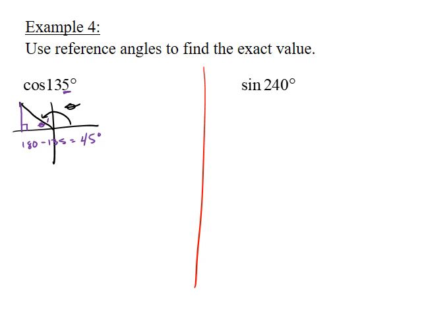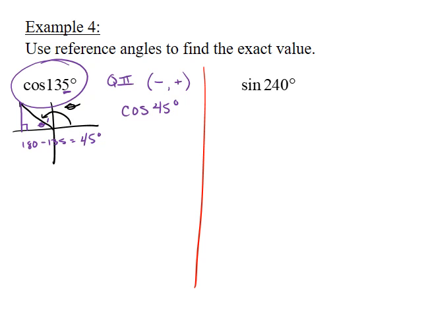Now this angle is in quadrant 2. And in quadrant 2, we know that cosine is negative, sine is positive. So if I find cosine of 45 degrees, whatever this is, we know cosine is negative in this quadrant.